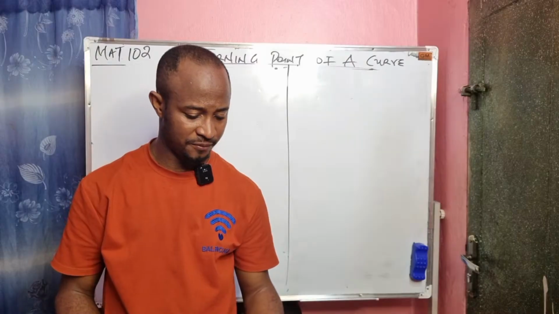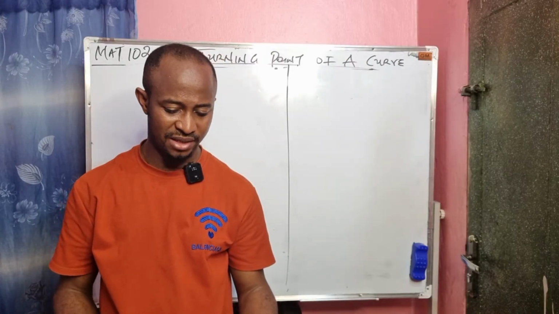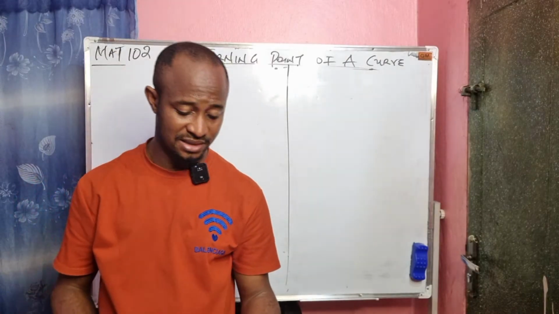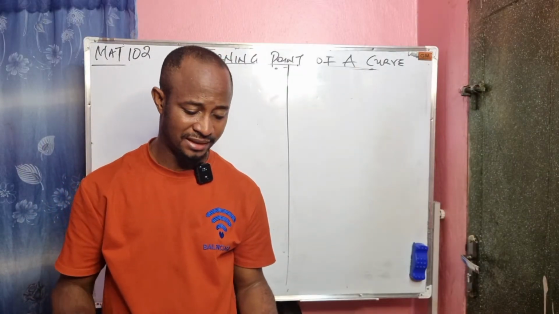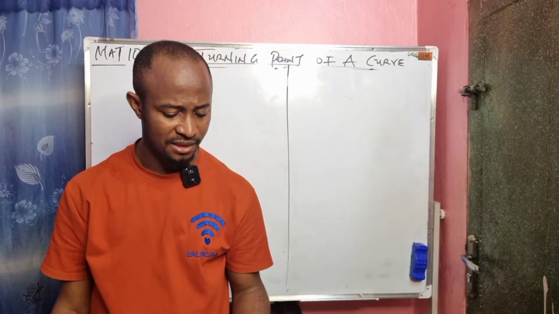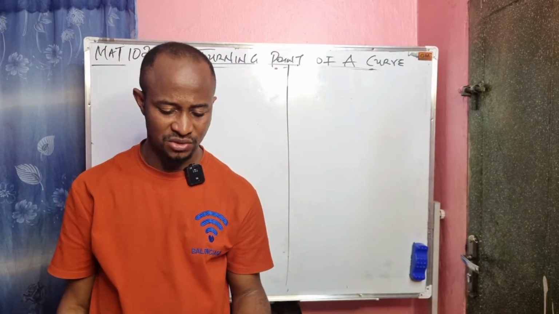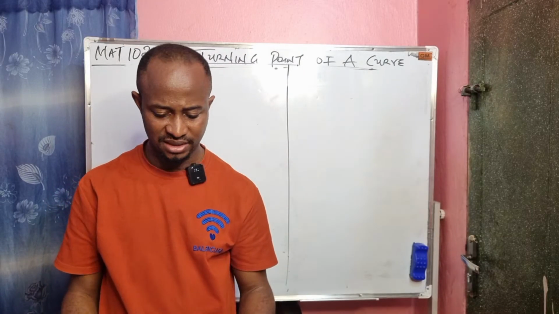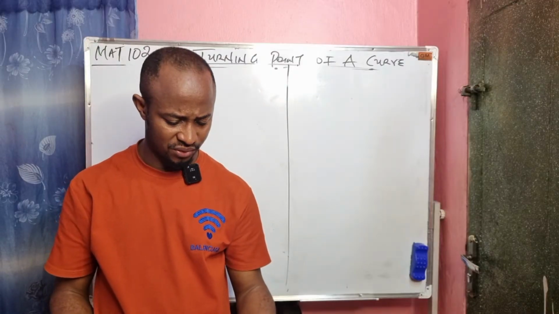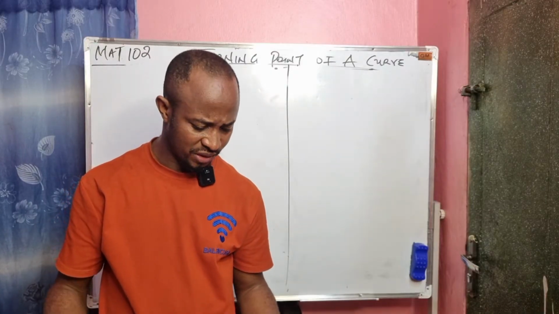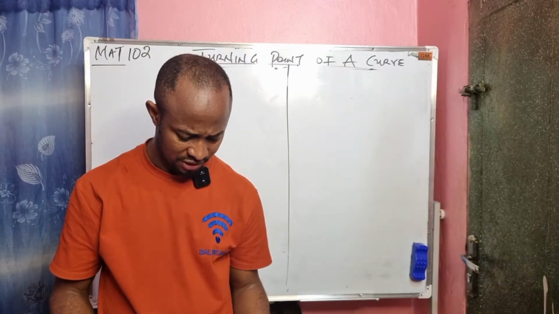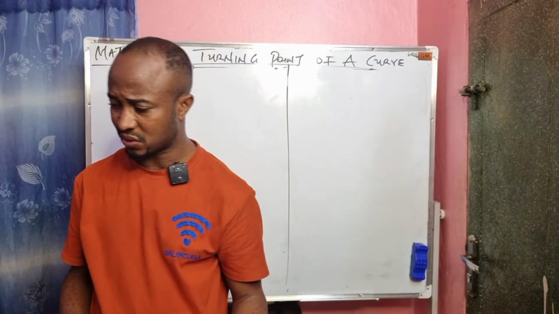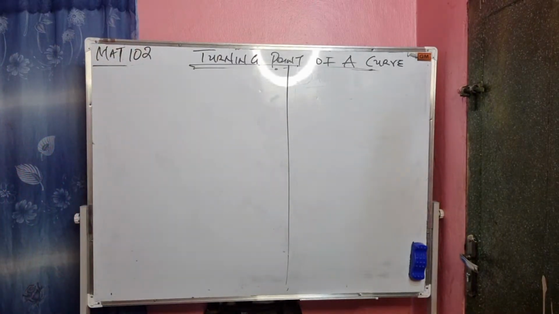It is a straight line that touches a curve at a particular point and has the same gradient as the curve at that point. Just trying to recall the things we discussed, right? So please take note. Now let's solve one or two questions.